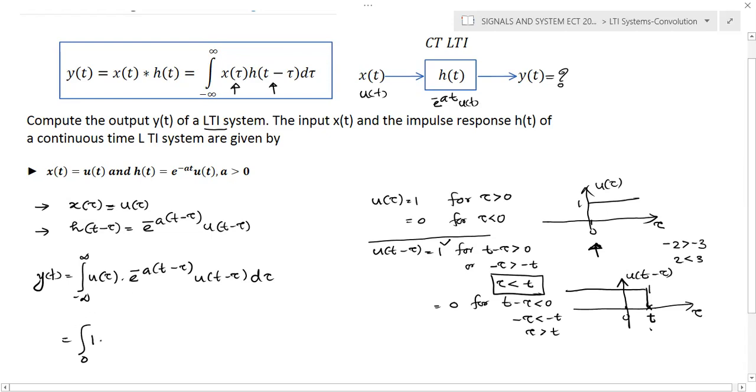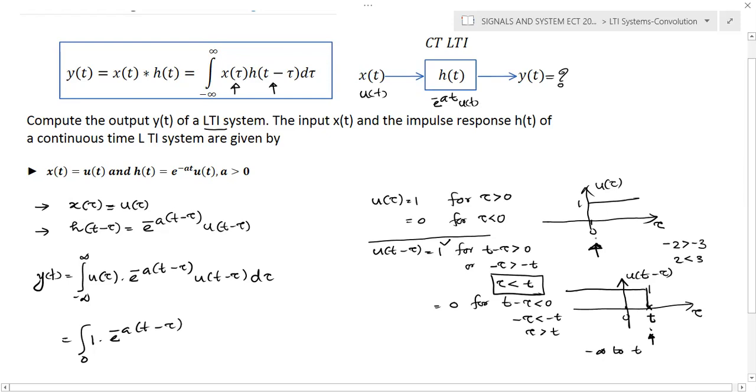So u of tau is equal to 1 into e raised to minus a times t minus tau into u of t minus tau. So the second signal, we can see that this particular signal exists from minus infinity to t if t is positive. And we already limited the integration from 0 onwards. So we don't want to consider from minus infinity to 0.